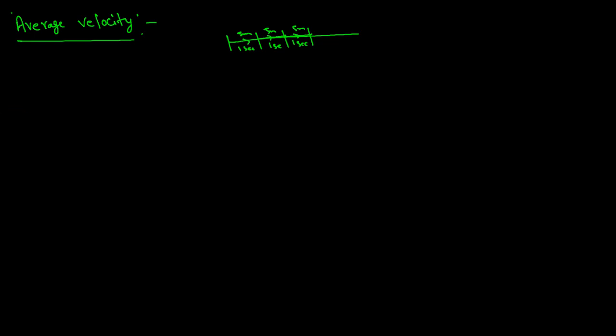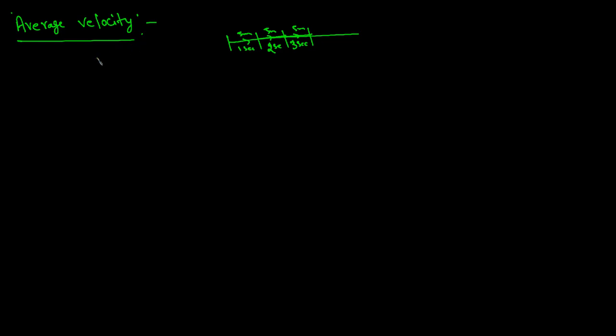And how about non-uniform? A particle or body is said to move in a non-uniform or variable velocity if it has equal displacement in unequal intervals of time. Like the displacement is 5 meter, but here it took 1 second, here it took 2 seconds, and here it took 3 seconds to cover 5 meter, then it's non-uniform or variable velocity.